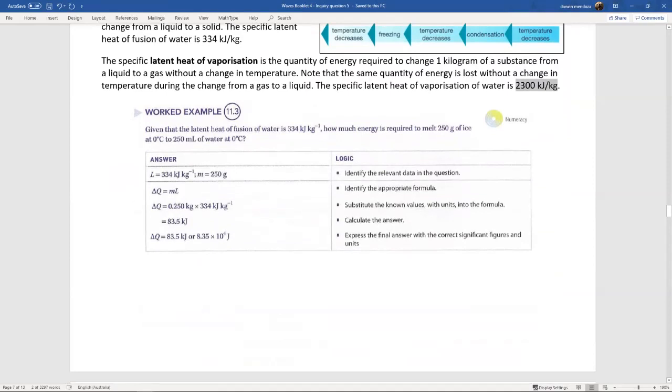And we know our constant, so we multiply those two together. So we figure out that it takes 83.5 kilojoules, or 83.5 times 10 to the power of 3 joules, to convert that 250 gram block of ice to water.